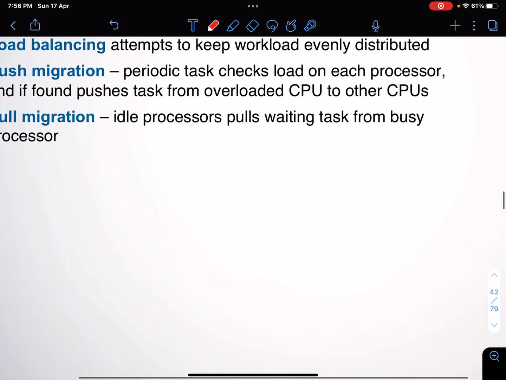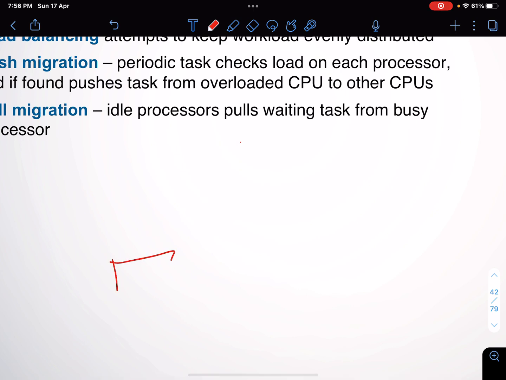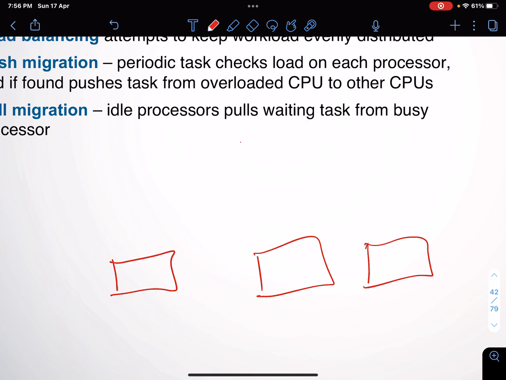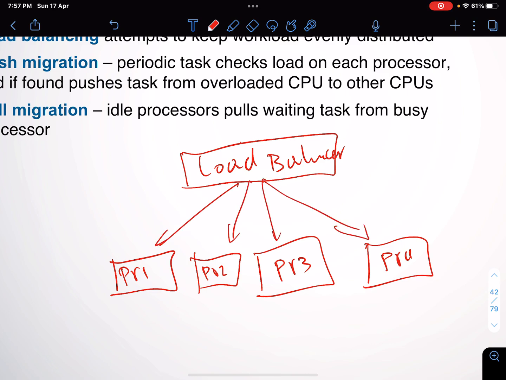The idea behind load balancing is that you have load coming in if you have multiple processors: processor 1, processor 2, processor 3, processor 4. If you have a load balancer here, it will distribute work among those processors to make sure that the load is balanced.